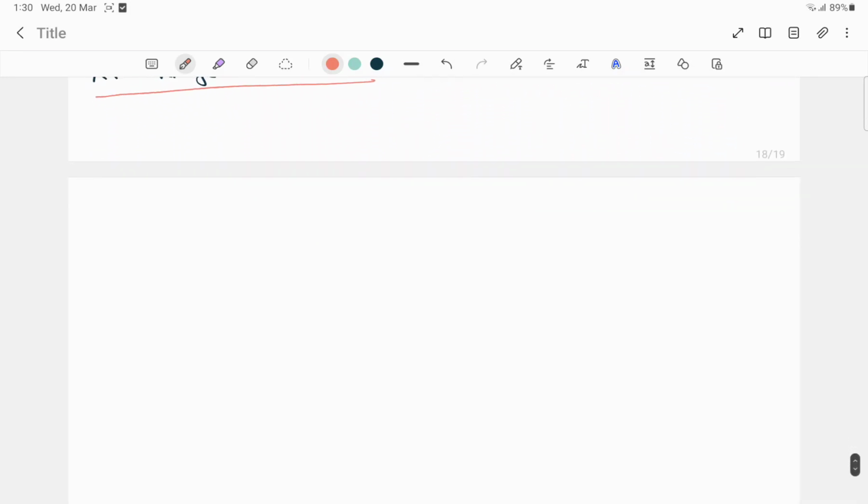Now I'll give you the example for a cantilever beam. So for a cantilever beam, one side is fixed and the other side is free. Okay, it's a cantilever beam.